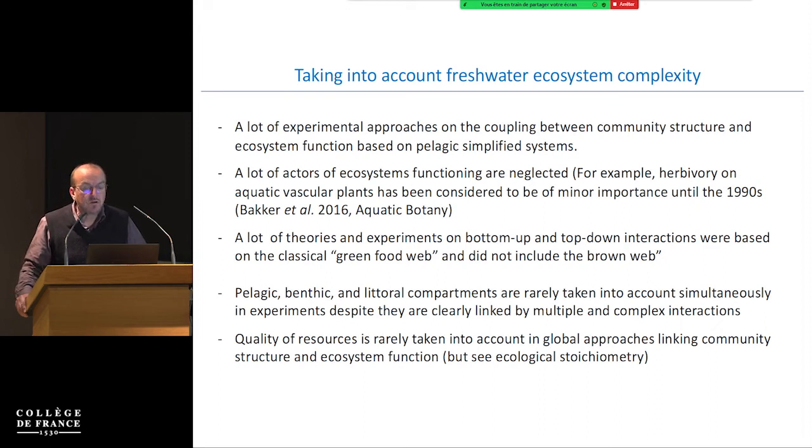But most of these approaches in freshwater systems were associated to pelagic, simplified systems. I did also several experiments on these pelagic parts of ecosystems, in spite of the fact that much of these systems were very shallow and small.